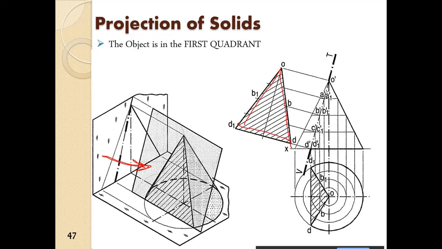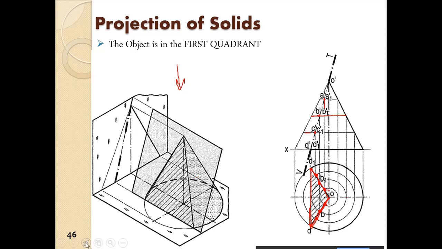This triangular intersection plane over here is what is important. The thing is that we divide the cone into a number of sections, we drop projectors, and we draw the circles here.